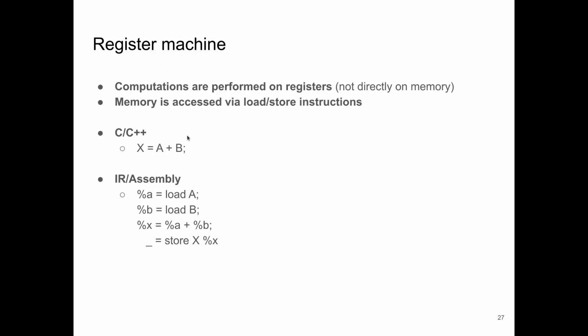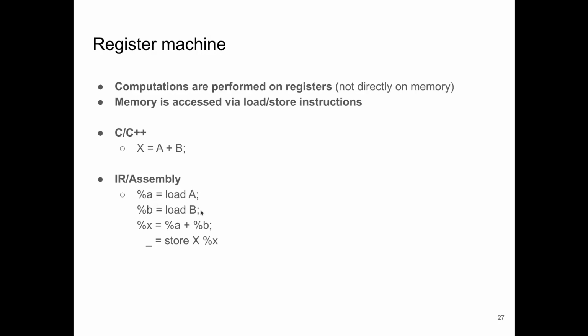For example, in C and C++, you may want to write like this: x equals A plus B. That is, you're going to read the variables A and B, compute the addition, and then write the value to another variable x. It is fine in C and C++ statements, but in IR and assembly, it is usually written like this. You first explicitly load the value of A into a register.